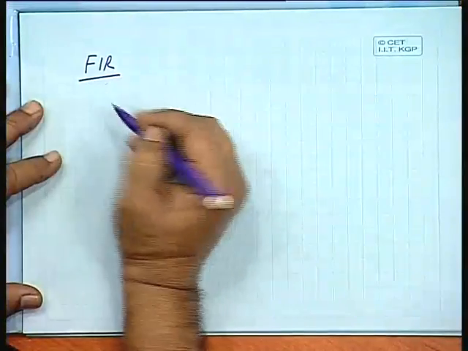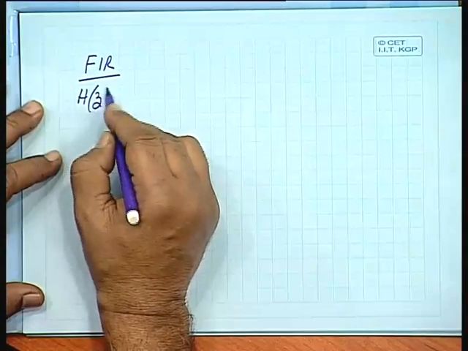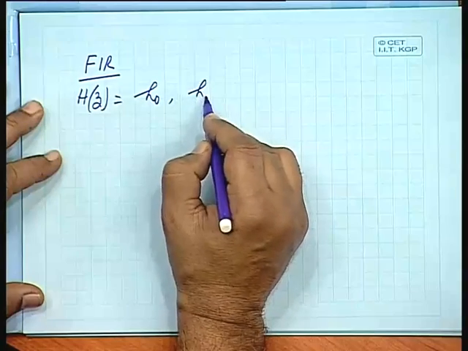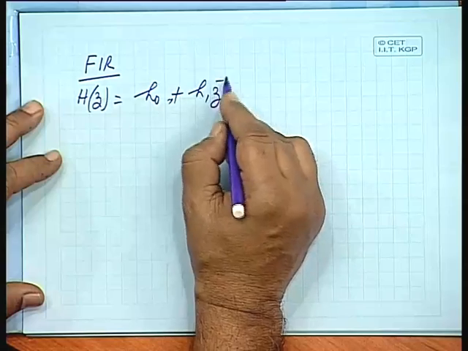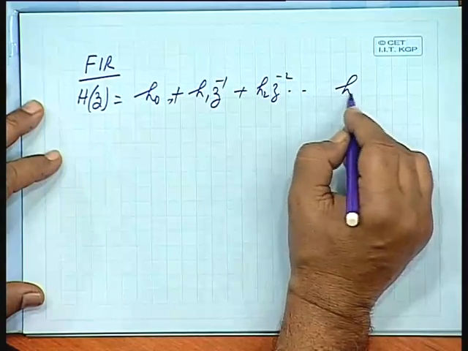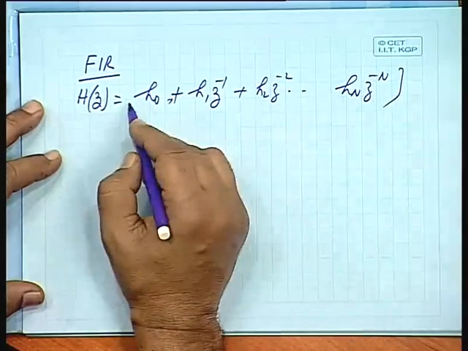Now, FIR filters are basically functions of this type, where you have H0 plus H1 z inverse plus H2 z to the power minus 2 and so on, some Hn z to the power minus n.